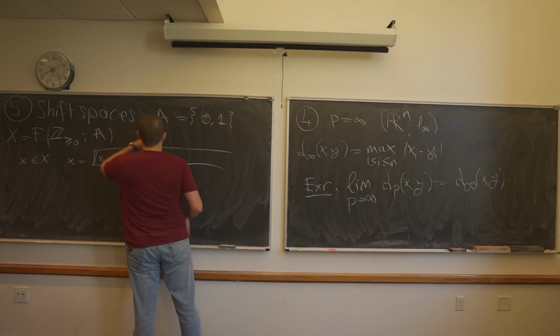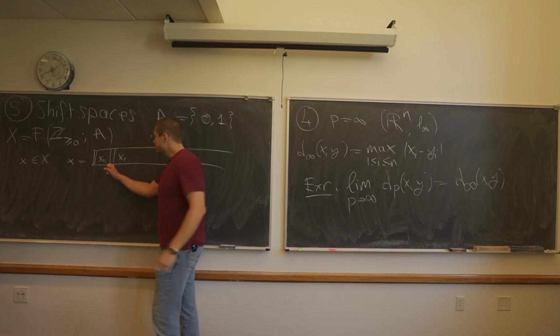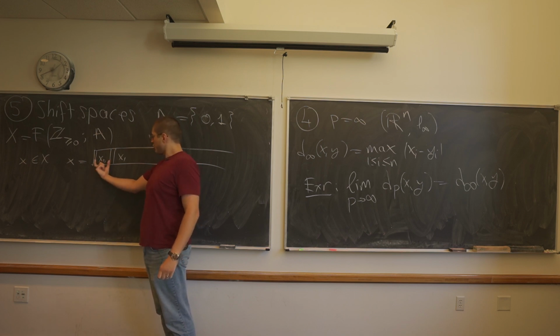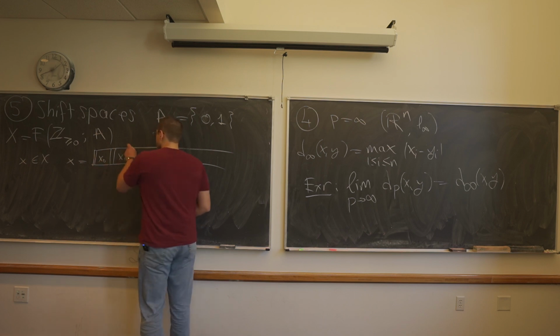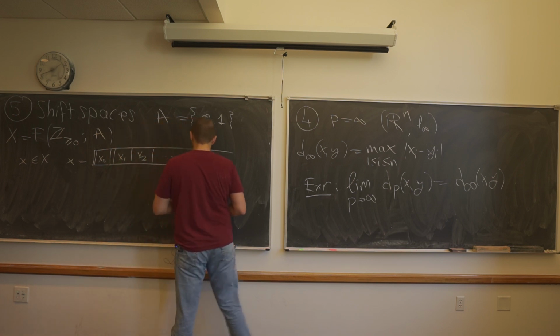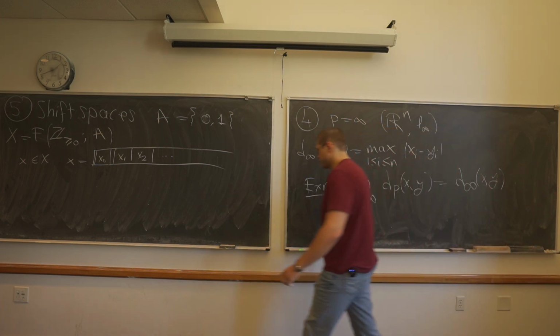It's some number, either 0 or 1. I'm writing it like this to denote that this is the 0 entry. From a dynamical point of view, this is what I see today. Tomorrow I see x1, then I see x2, and so on. And this is called the ticker tape.